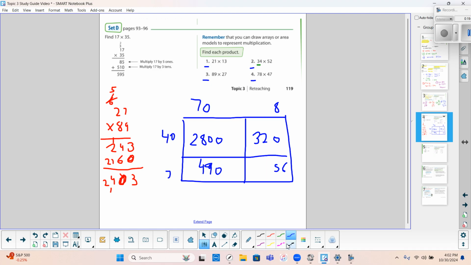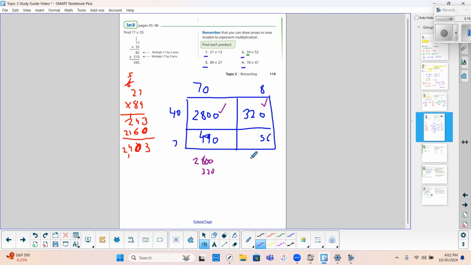So now I like to add them by using the place value that's biggest first, so that would be 2,800. Plus in the hundreds we have 320 plus 490 plus we have 56.